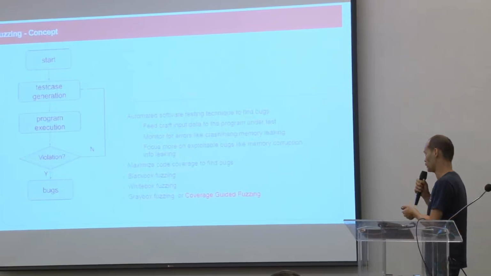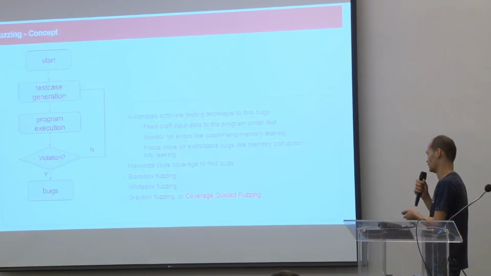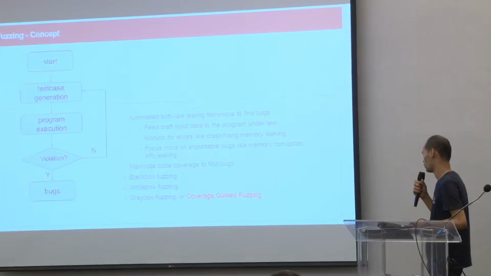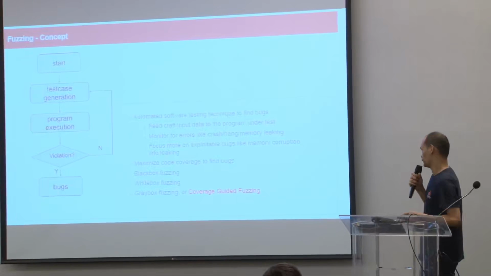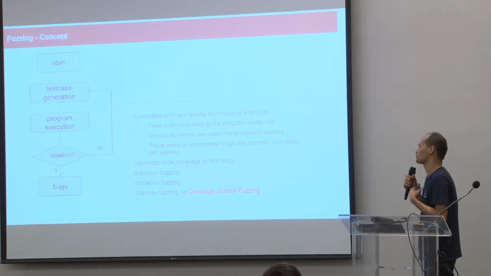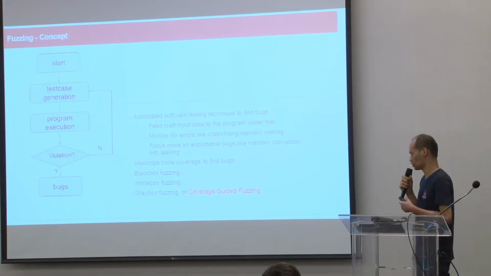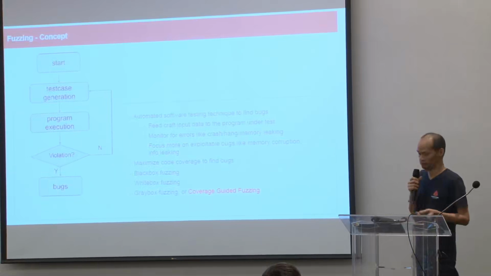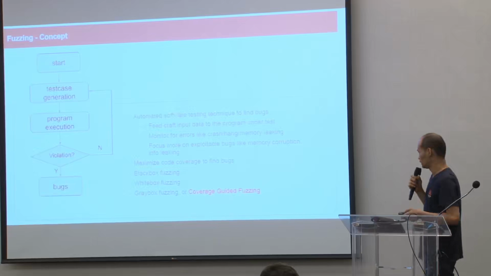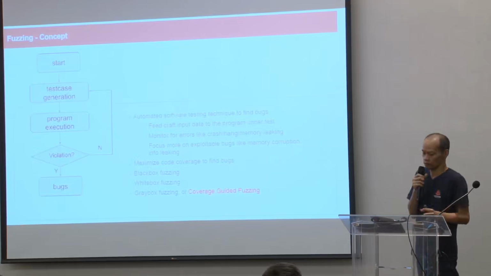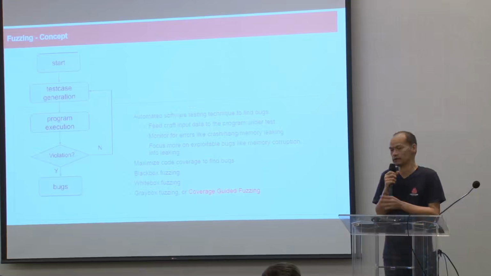You can easily monitor for errors like crashes, hangs, or memory leaks. And if you focus on exploitable bugs like memory corruption or information leaks, you can find vulnerabilities. The program you want to find bugs inside usually has a very huge code space, right?